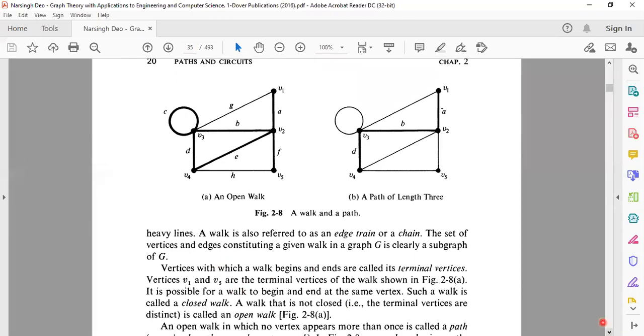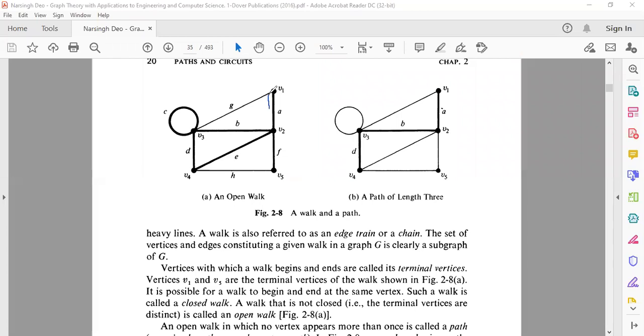An open walk is actually called a path, and a closed walk is actually called a circuit. That is the most important thing. Now, if I consider this particular figure, I think it would be nice if I draw it.